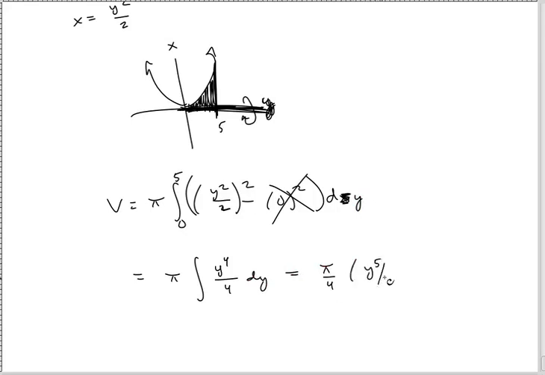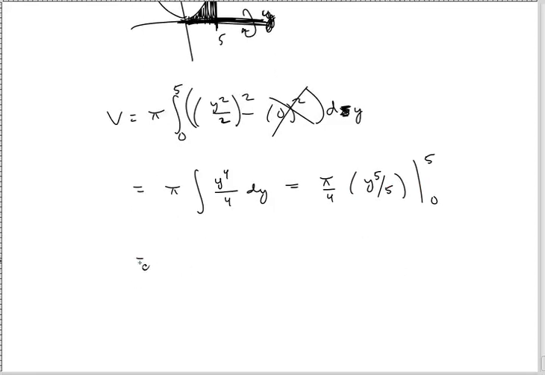Y to the 5th over 5 from 0 to 5. The 0 will obviously cancel. And so we got pi over 20 times 5 to the 5th power. I'm like looking down like, is that for reals? Yes, actually it is. You get 625 pi all over 4 when it's all said and done.